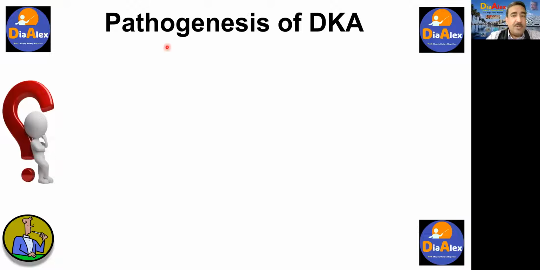Pathogenesis of diabetic ketoacidosis, DKA, which is very important to understand the therapeutic interventions that we're going to do in patients with DKA. DKA simply starts with insulin deficiency, and here is the name of the game. Insulin deficiency can be absolute insulin deficiency or relative insulin deficiency.